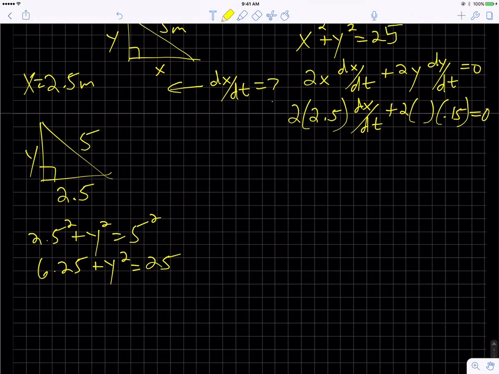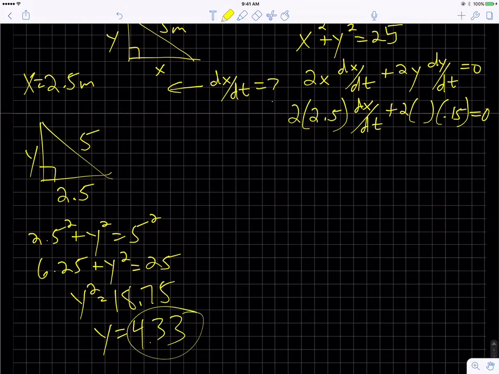I subtract 6.25 from both sides. Get 18.75. I square root. I get approximately 4.33. So that's what's going in over here for my y. 4.33 goes in there.